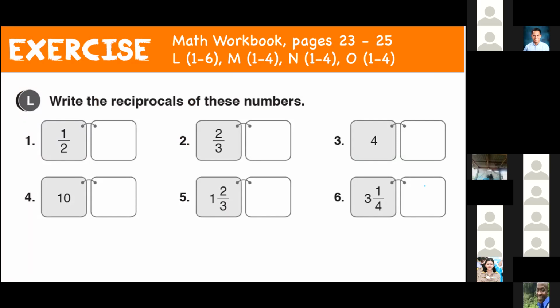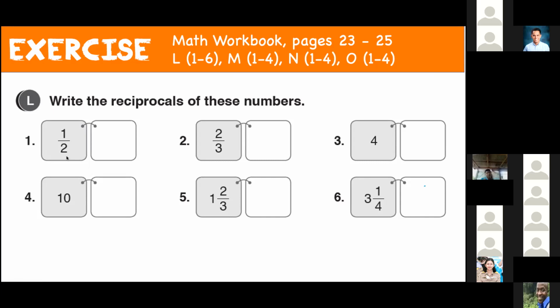We will just answer 1 to 4 for M and O. I know this is very easy for you.